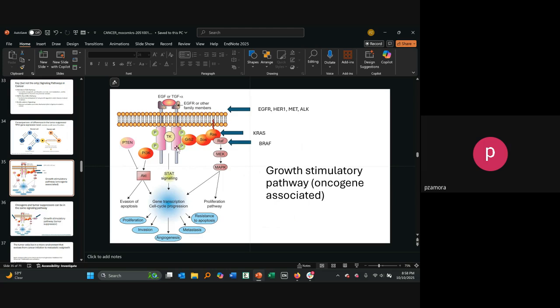It ends up affecting other proteins in a cascade here of different events, all ending up at the level of increased proliferation, invasion, angiogenesis, metastases, and other nasty things.